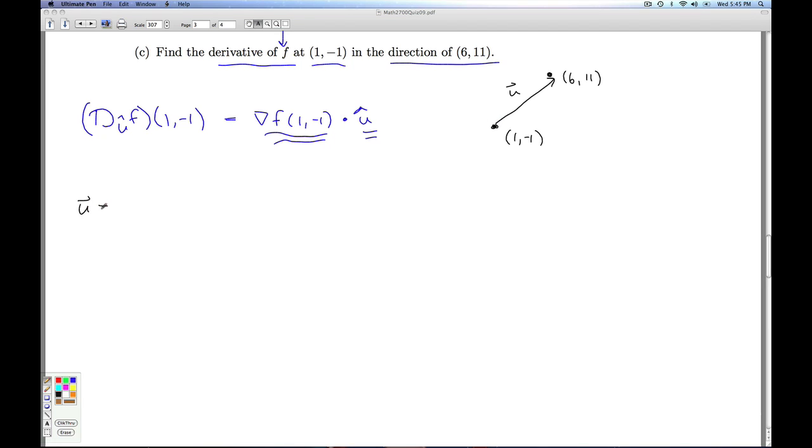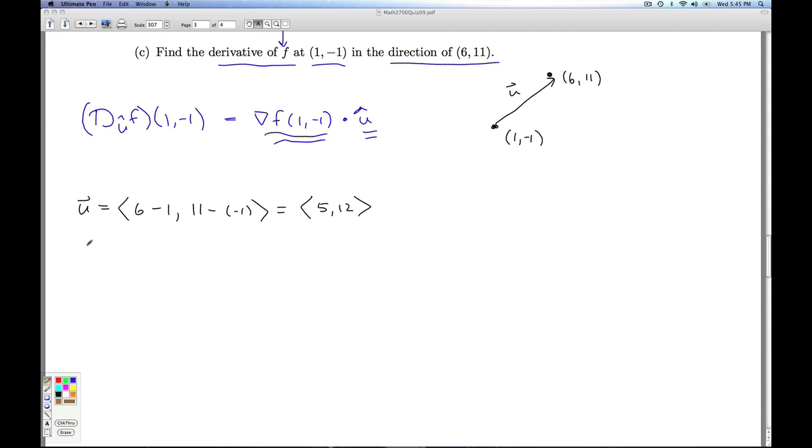So how do I get the vector u? It's the terminal point minus initial point. I finished up at the x-coordinate 6. I started at the x-coordinate 1. I finished at the y-coordinate 11. Started at the y-coordinate negative 1. So when I simplify this, I get the vector 5, 12.